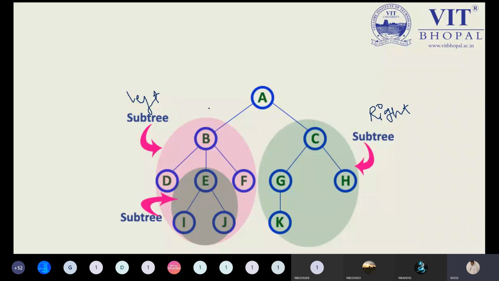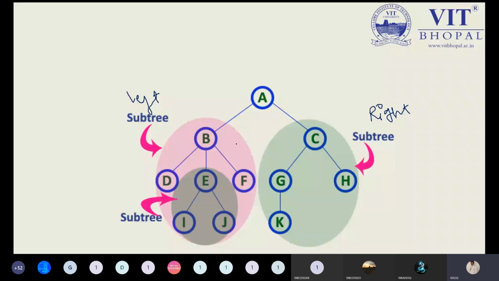Right now we are understanding the general tree, but in a binary tree we can have only two parts, left or right. That part we will see in the coming classes, but before that, we need to understand the basic general tree.